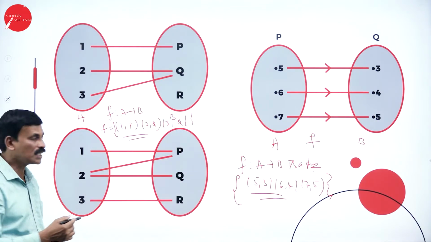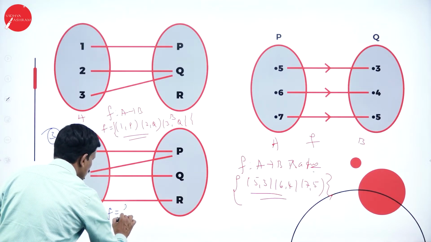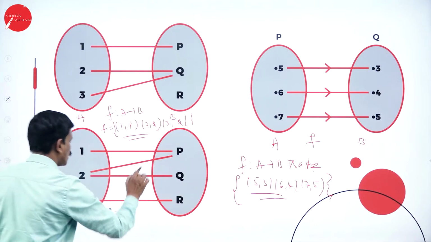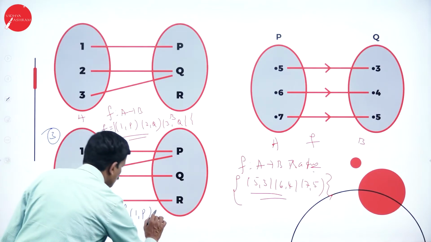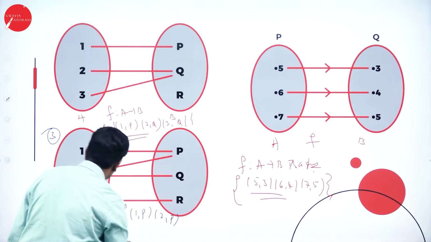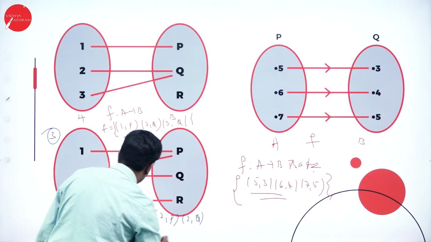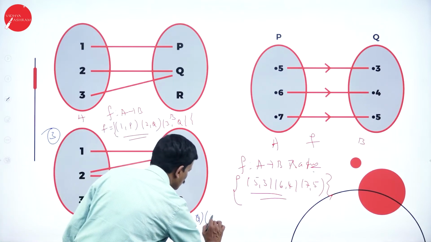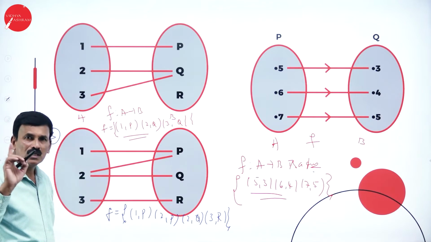Now, let us come to the third example. In this example number 3, the elements of the function are (1, P), 1 is related to P. Again 2 is also related to P, (2, P). Again 2 is related to Q, (2, Q). And again 3 is related to R, (3, R). Now, observe carefully here.